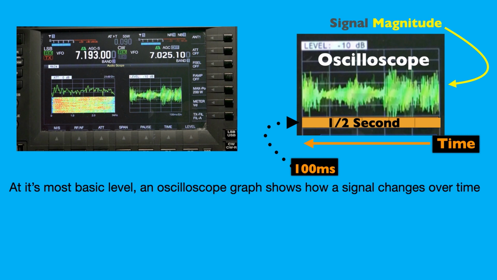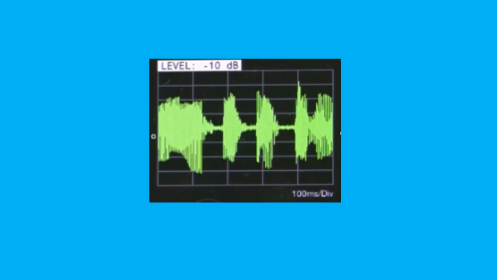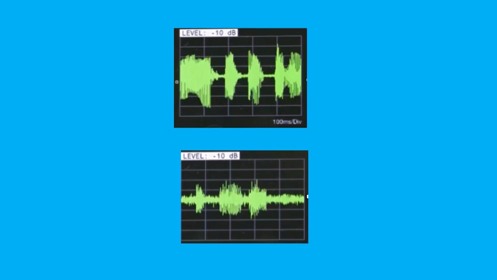At the most basic level, an oscilloscope graph shows how a signal changes over time. Thank you, Tektronix. When you look at the waveform, it tells you a lot about the signal. Anytime you see a change in the height on the high side or the low, you know the voltage has changed. The flat lines signify there is no signal at that point. There's some fuzz on there, but that's just noise.